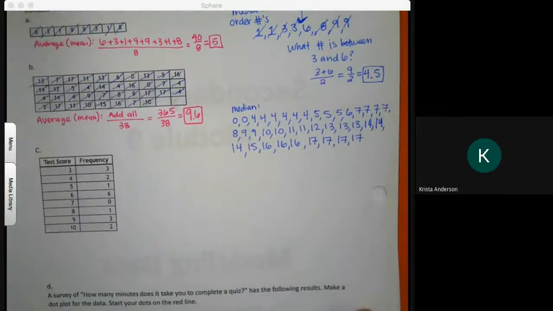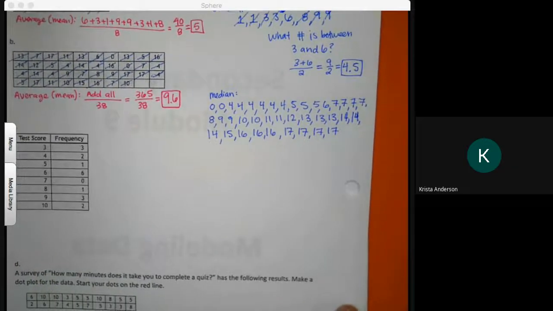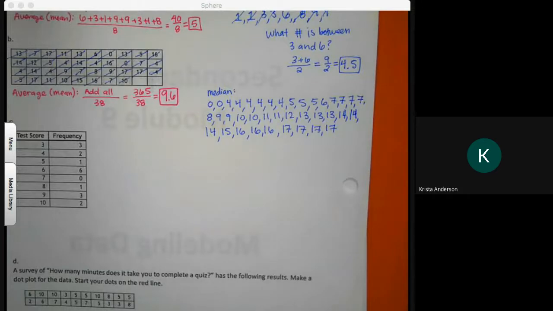All of that. So now I get to cross off and find what the middle number is.